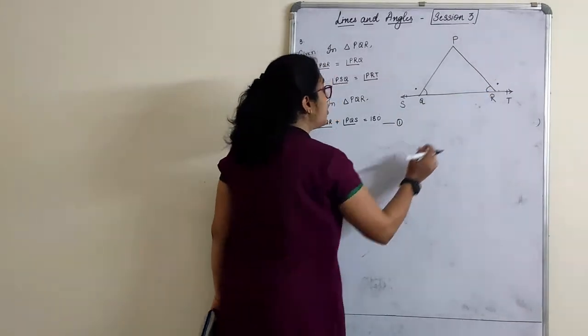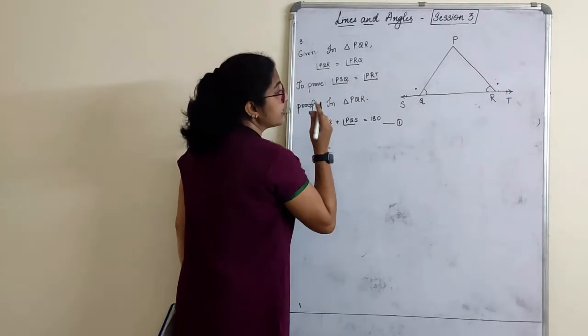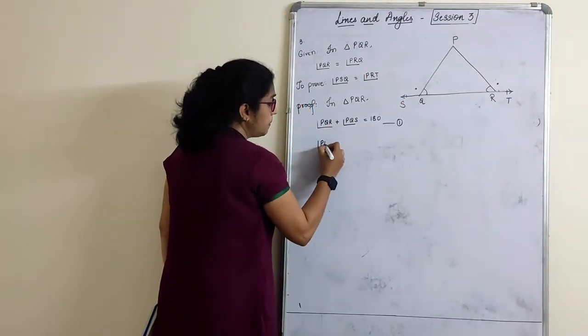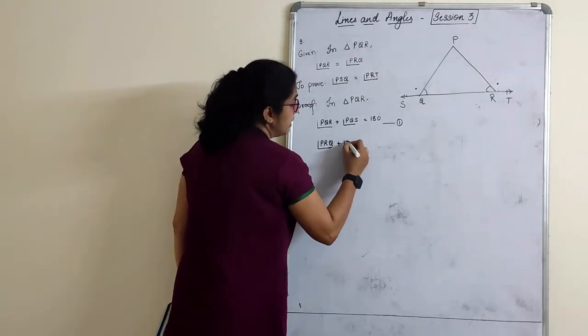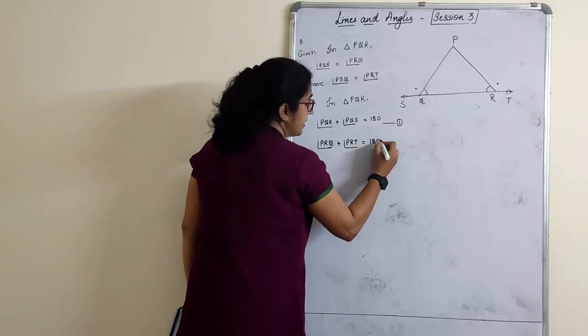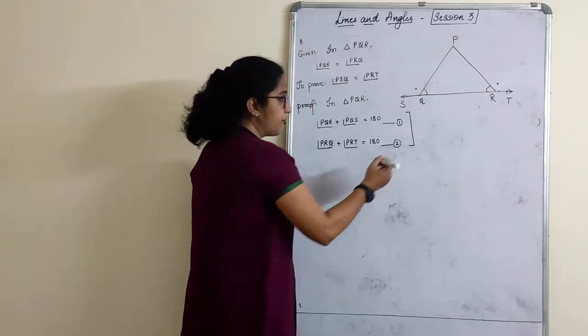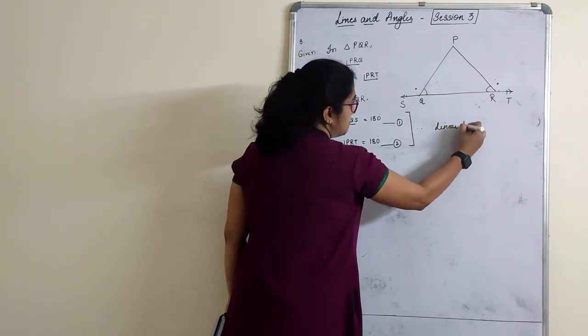Even we have one more pair here. Together I will write the reason. So the next is angle PRQ plus angle PRT is equal to 180. Equation 2, the same reason, linear pair.